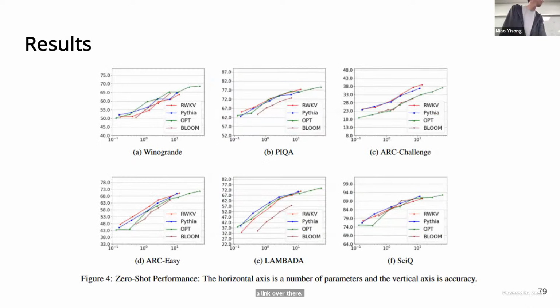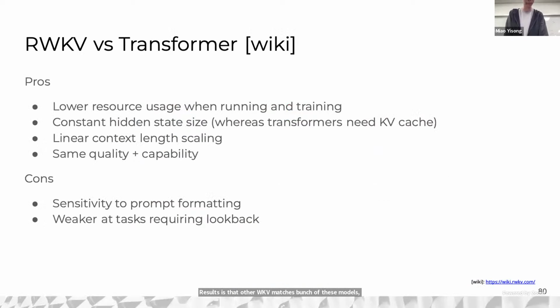The result is that RWKV matches a bunch of these models, but obviously, otherwise they wouldn't publish the paper. The pros and cons in general: RWKV has lower resource usage when running inference and also when training, compared to an RNN.